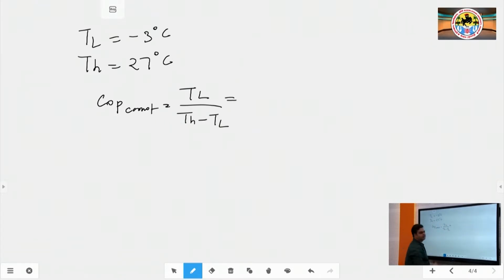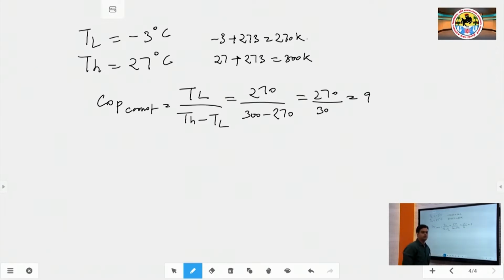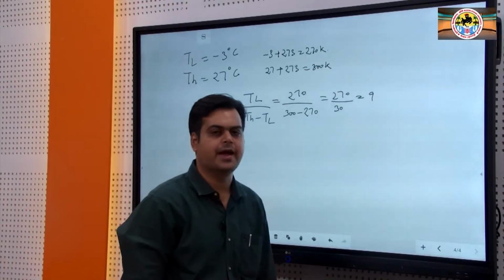T lower is minus 3, and we have to change it to Kelvin: minus 3 plus 273, that is 270 Kelvin, and 27 degrees changed into Kelvin is 300 Kelvin. So, 270 divided by 300 minus 270, that is 270 divided by 30. So, the answer is 9. The COP of the Carnot cycle is 9.